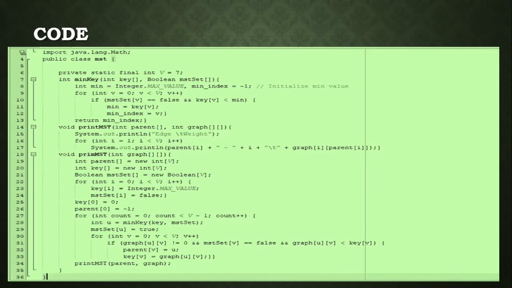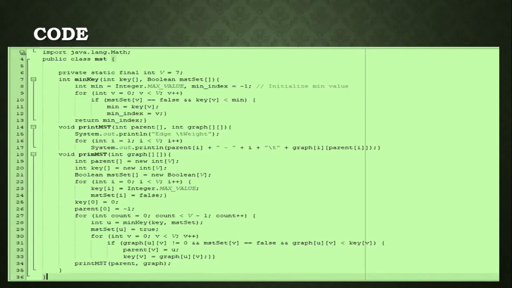That means the first minimum index will be -1 because we don't know anything about the position or the minimum vertex of the graph at the start. Now we will do a for loop from V equal to 0, V less than V, that means we're going to loop up to 7. Here you can see we took 7 vertices.